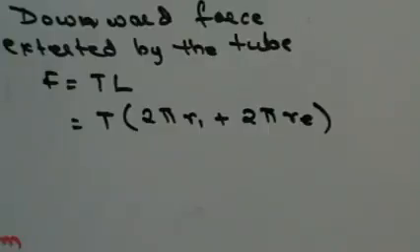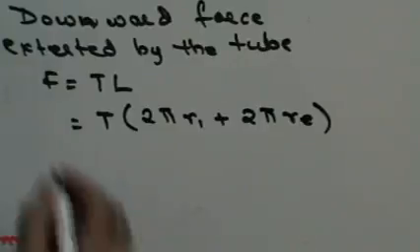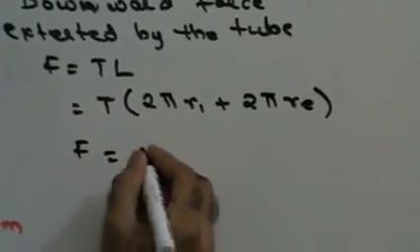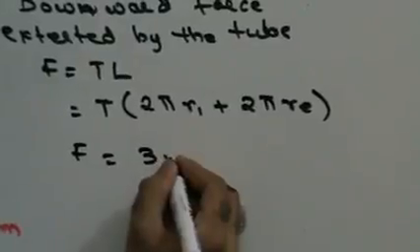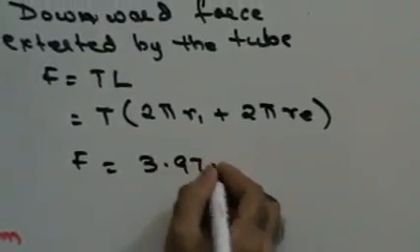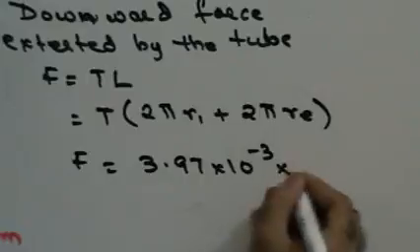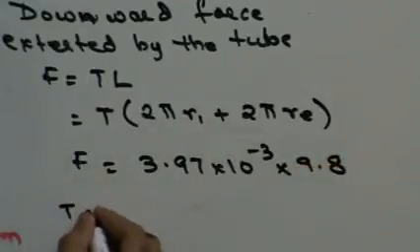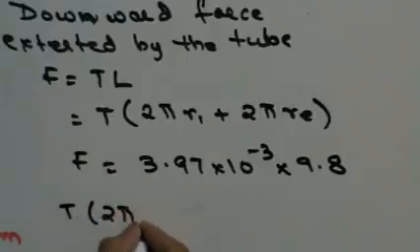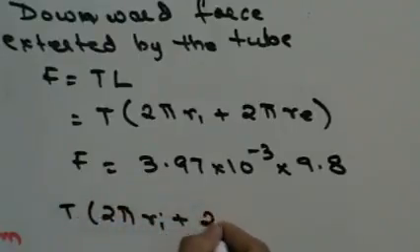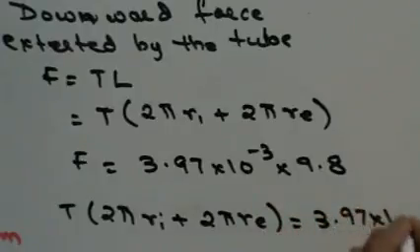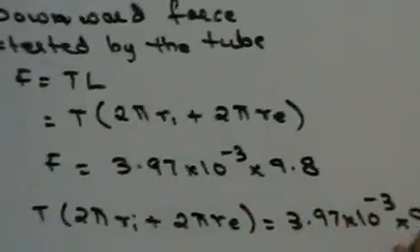Now they are saying that this force is balanced by a weight of 3.97 grams. That means this force is 3.97 into 10 raised to minus 3 into g, 9.8. The force we just found is T into 2 pi Ri plus 2 pi Re, which equals 3.97 into 10 raised to minus 3 into 9.8.